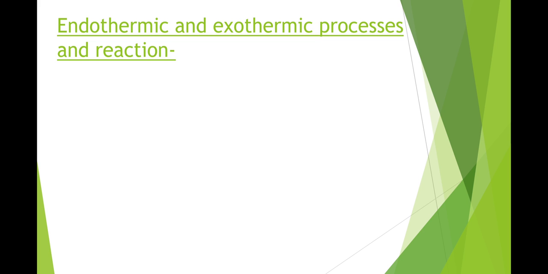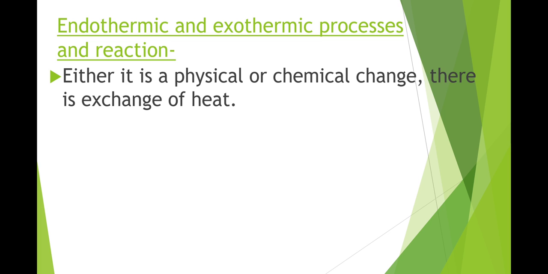We have seen different examples around us which involve heat absorption, or in which heat is given out. Either it is a physical change or a chemical change, there is exchange of heat. It means heat is given or taken.